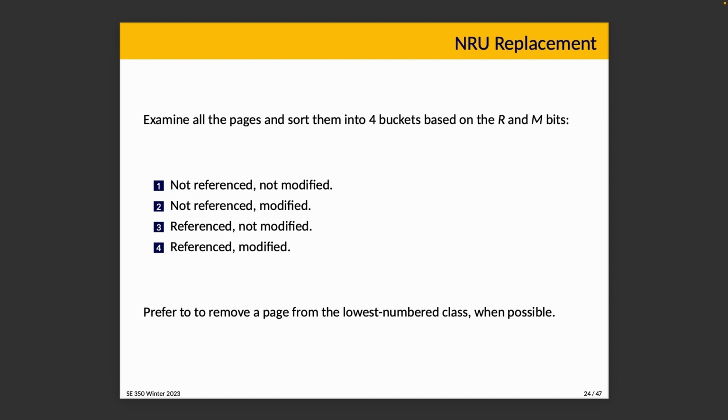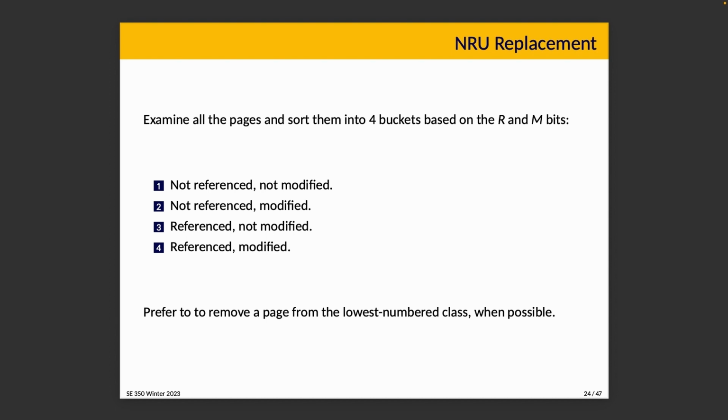All right, the not referenced, not modified is the best case scenario. We don't need it, or we don't predict that we'll need it in the immediate future, and we don't have to write it out. It's up to date in main memory, so we'll just overwrite it. Not referenced and modified requires us to write out the page to main memory, but at least we're working on something that hasn't been used recently.